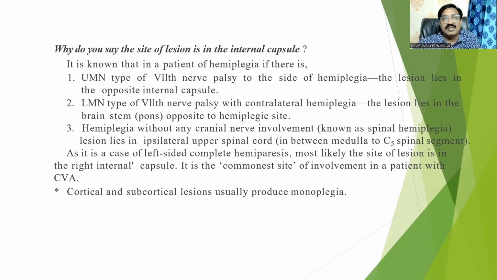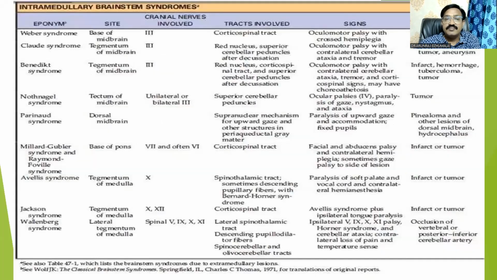So I rule out pons. Midbrain will also not be there, because midbrain doesn't have the seventh nerve nucleus. It contains only the third and fourth. So ultimately, the lesion may be in the internal capsule, and the patient is having dense hemiplegia. So I vote more in favor of the level of lesion probably being the internal capsule. Just like that, you have to discuss.